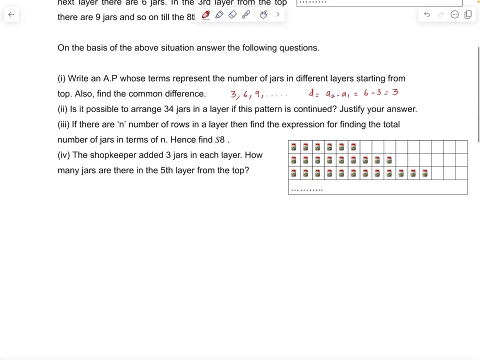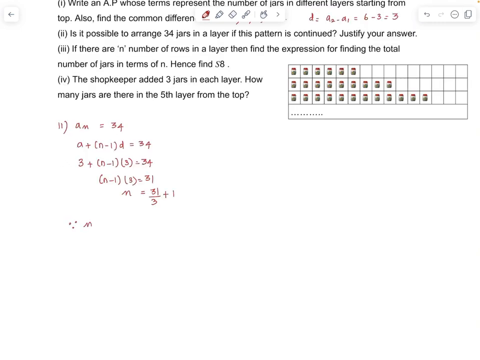That is, an is equal to 34. a plus n minus 1 times d is 34. a is 3 plus n minus 1 times d is also 3. We get n minus 1 times 3 equal to 31, and n is equal to 31 by 3 plus 1.